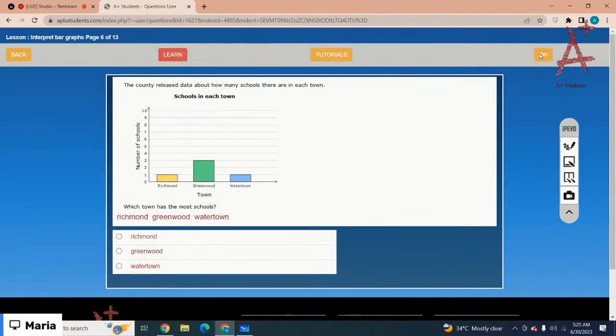Okay, the county released data about how many schools there are in each town. So which town has the most schools?